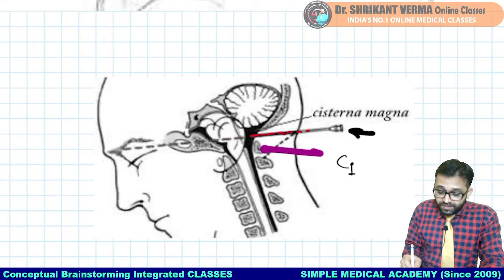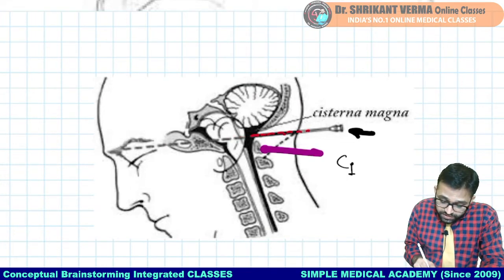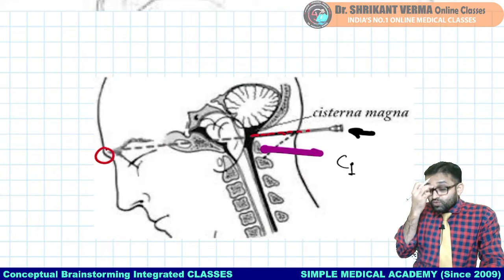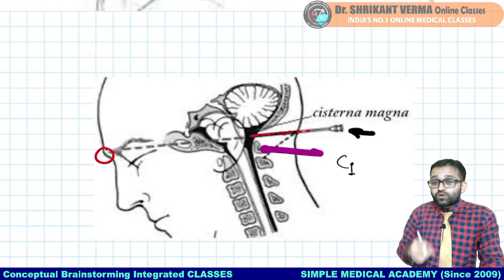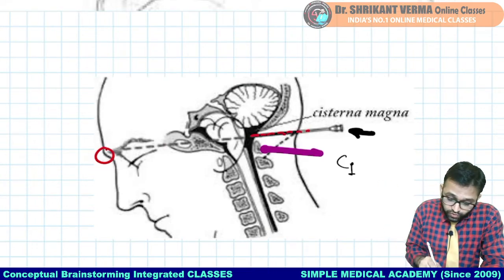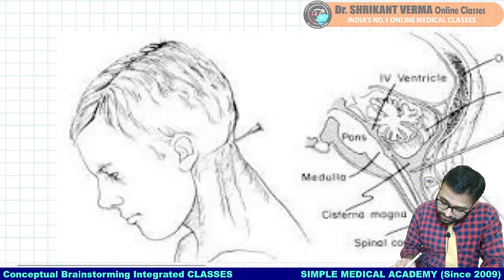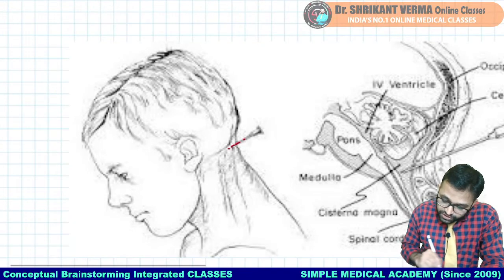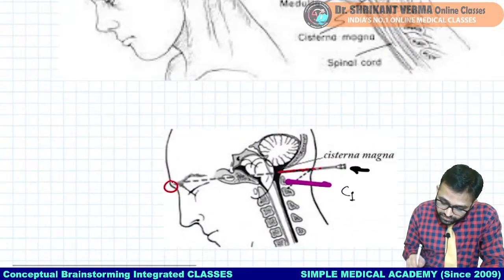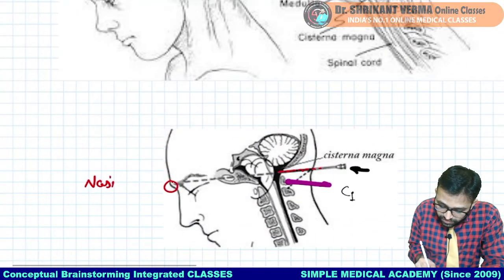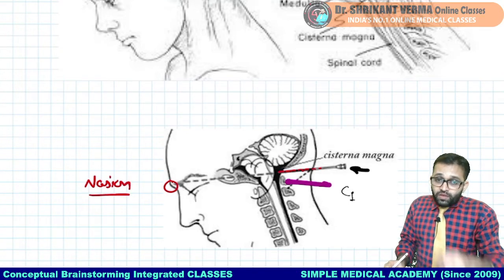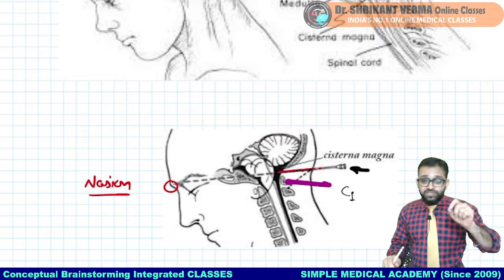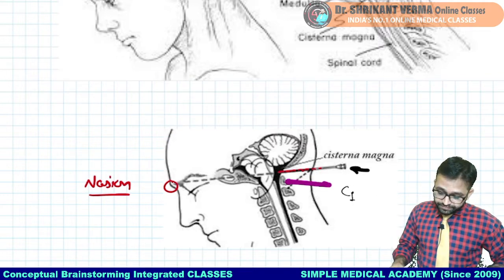You are directing this needle towards just above the nose, that is the nasion. Okay, in between the two eyebrows, just at the root of the nose, there is the nasion. So you are moving towards the nasion point. Fine. Yes, it is dangerous. You are puncturing the largest cistern, that is the cisterna magna.